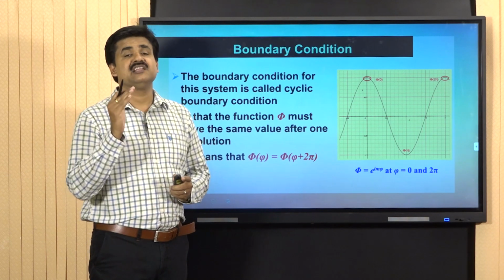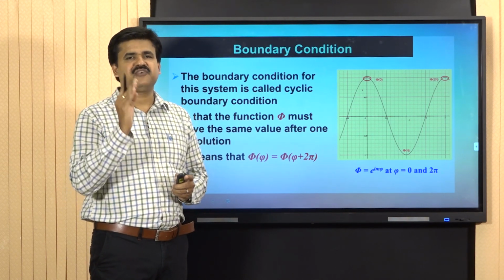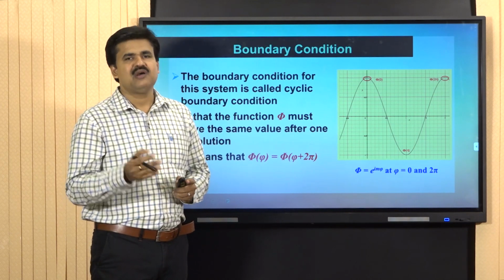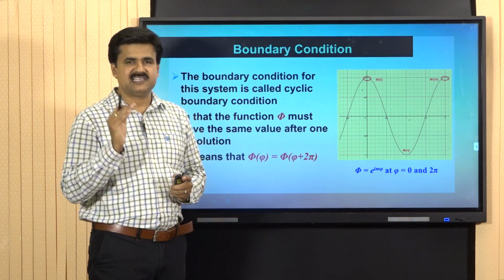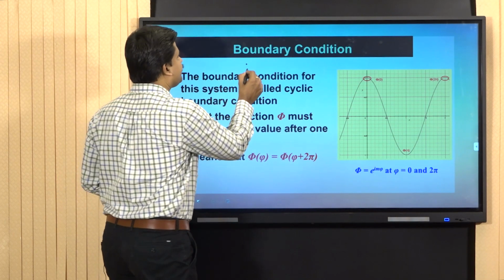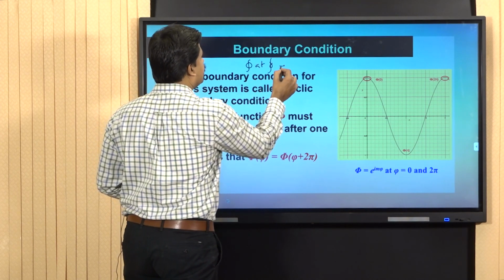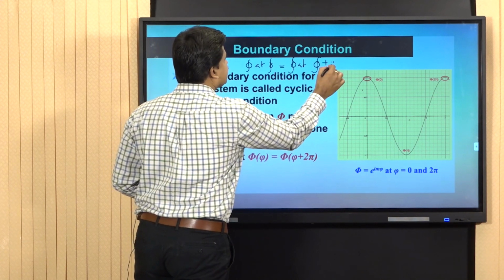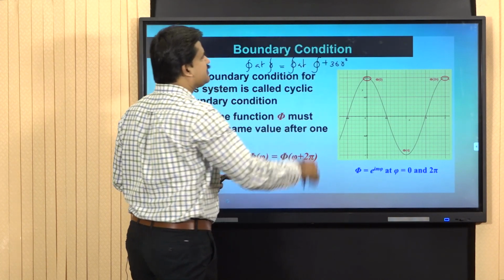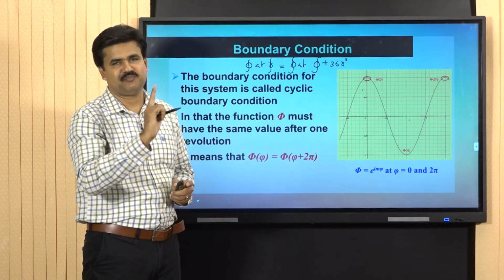That means the value of Phi at small phi is equal to the value of Phi at phi plus 2 pi, that is, Phi at phi equal to Phi at phi plus 360 degree. 360 degree means 2 pi. That is, one revolution is completed.